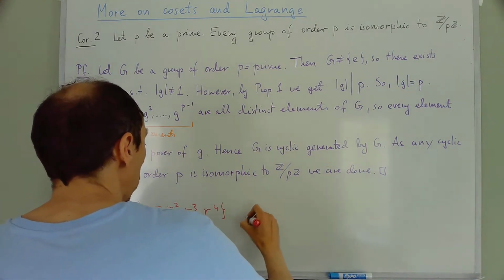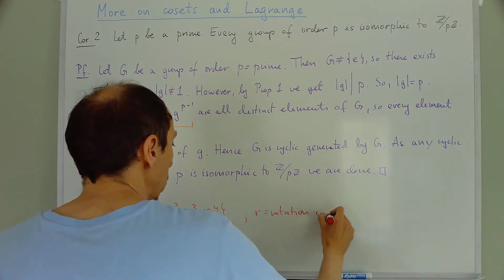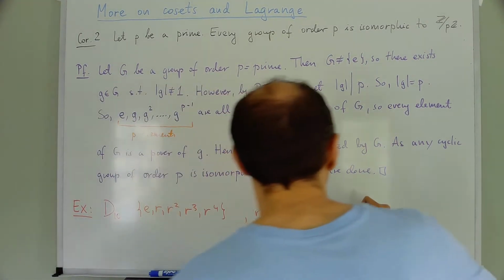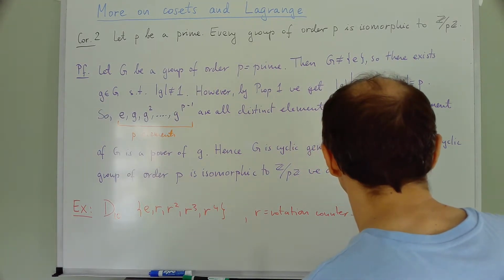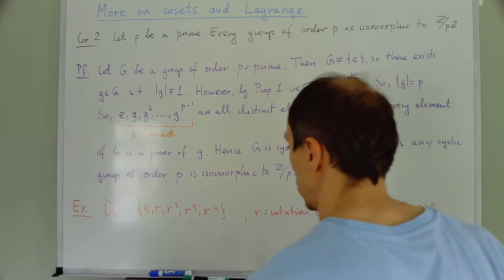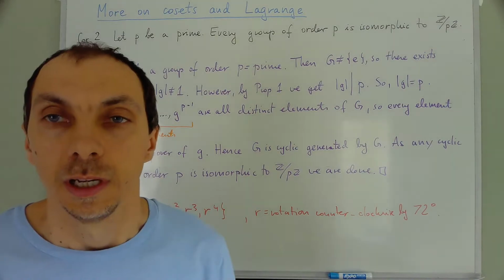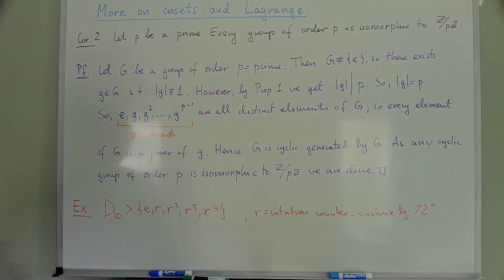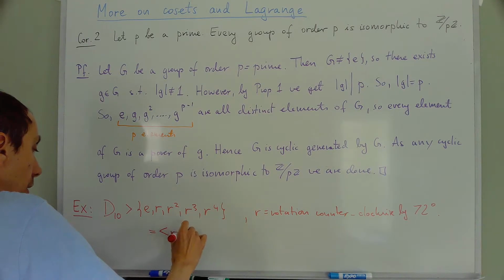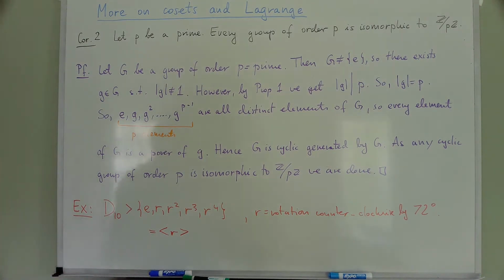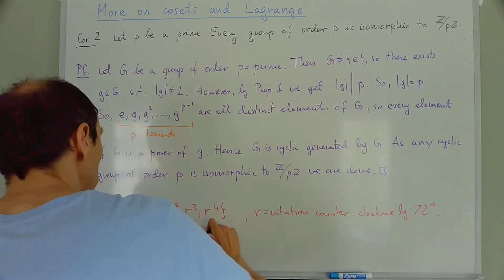So R is a rotation counterclockwise by 72 degrees. This is a subgroup, and what do I know about the subgroup? It's cyclic, generated by R. It has 5 elements. It's isomorphic to Z mod 5Z.